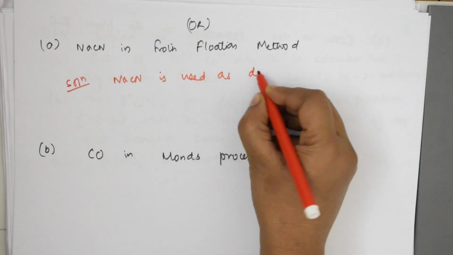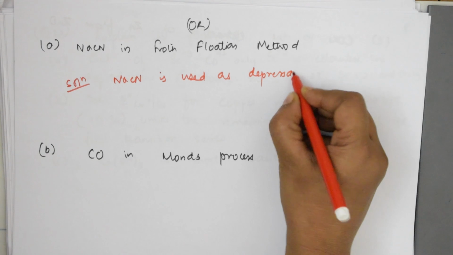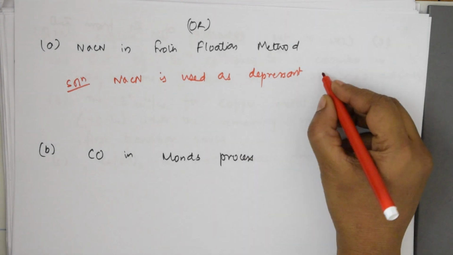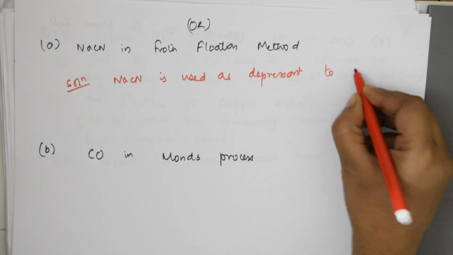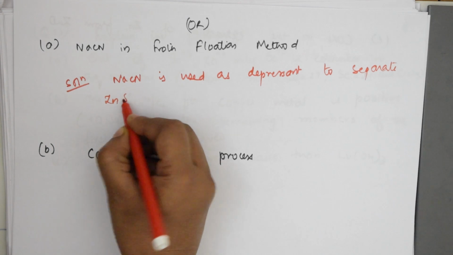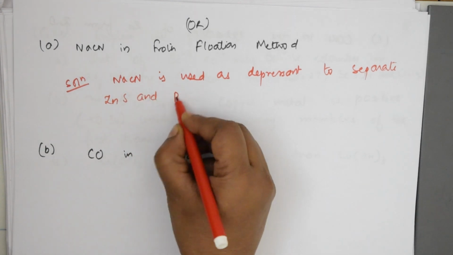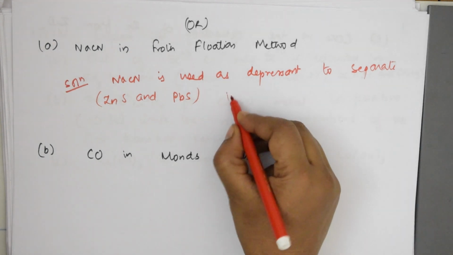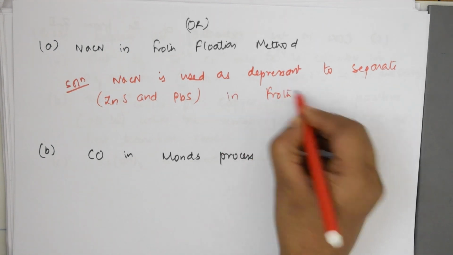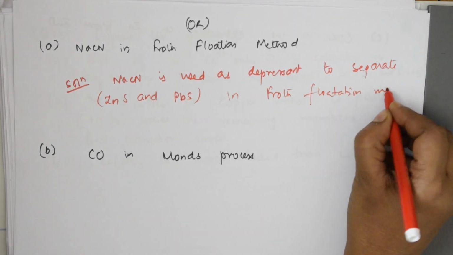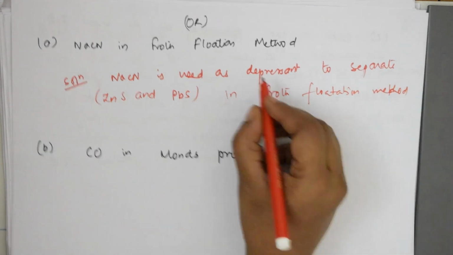It is used to separate zinc sulfide and lead sulfide in the froth flotation method. So simple, you have to just write this.